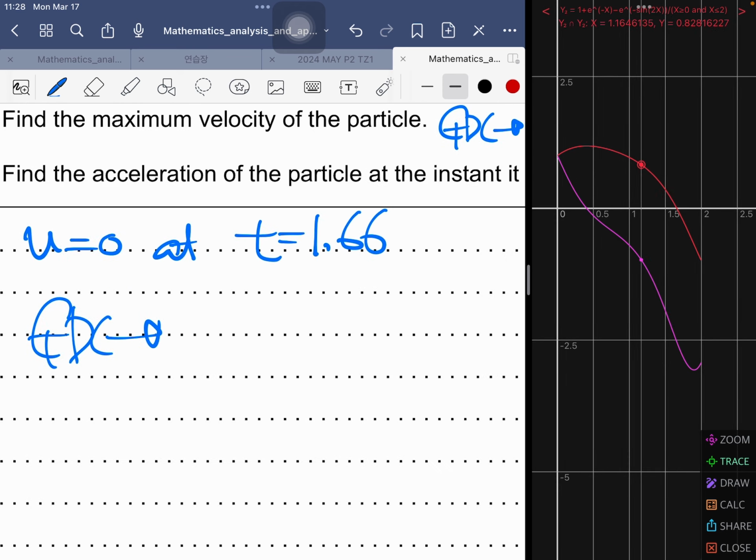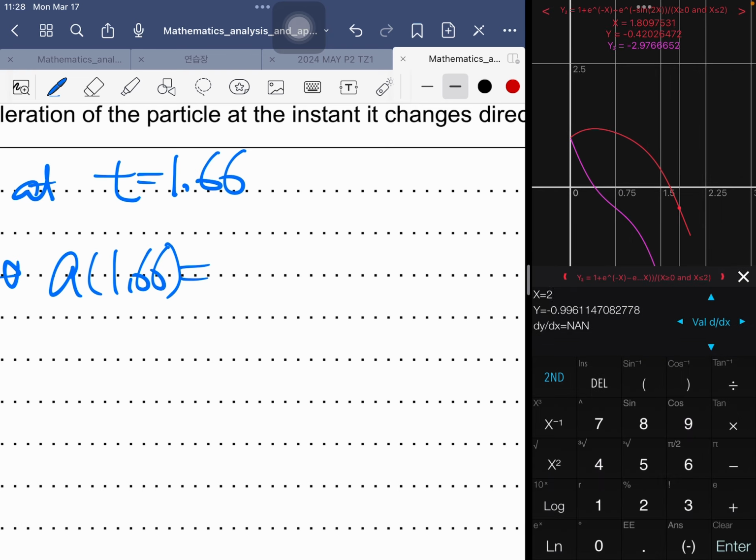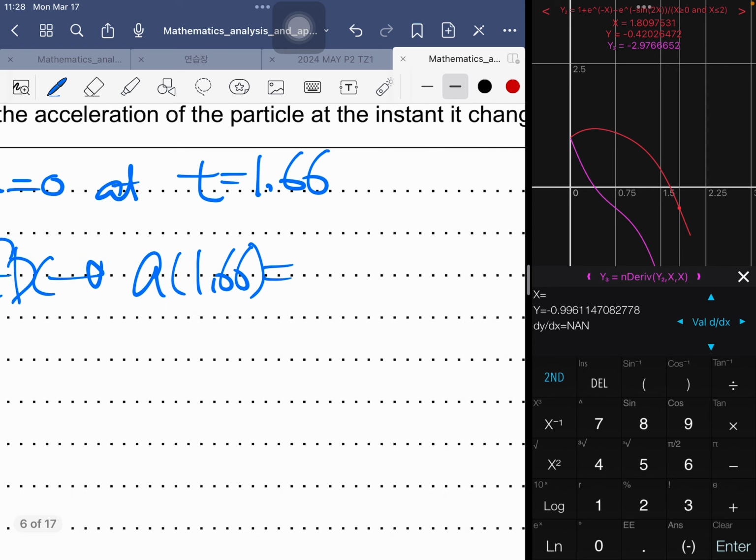So a of 1.66 equals, go to calculate, and evaluate the function at x equals 1.66.